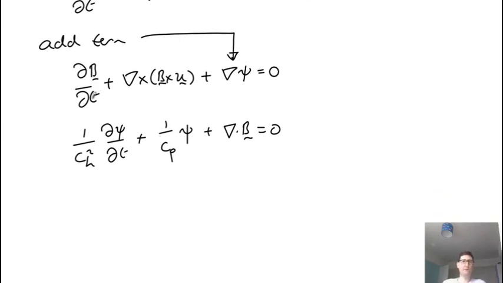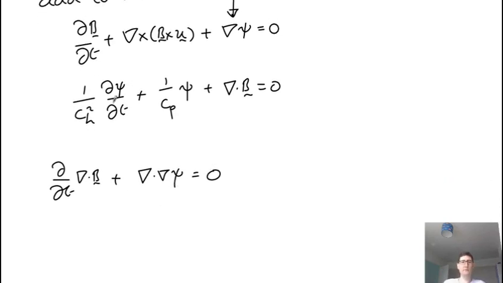So if we take the divergence of this first equation, the divergence of a curl is identically zero, although I say it may not be numerically. Here we have d/dt of divergence of B, the second term here is zero, and then here we have divergence of grad psi, so the Laplacian of psi.